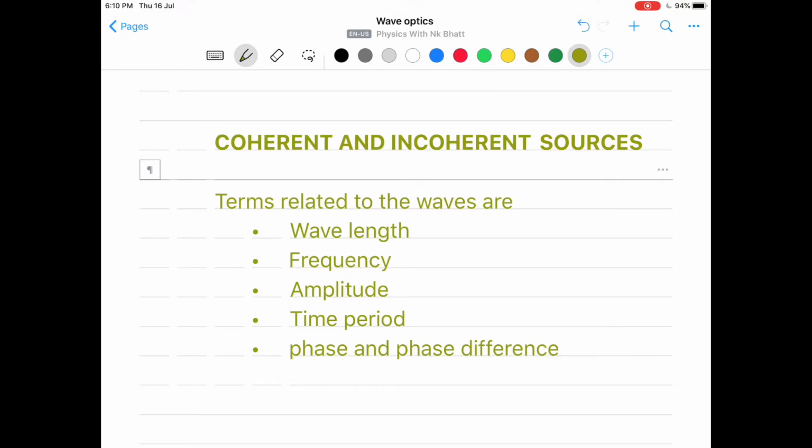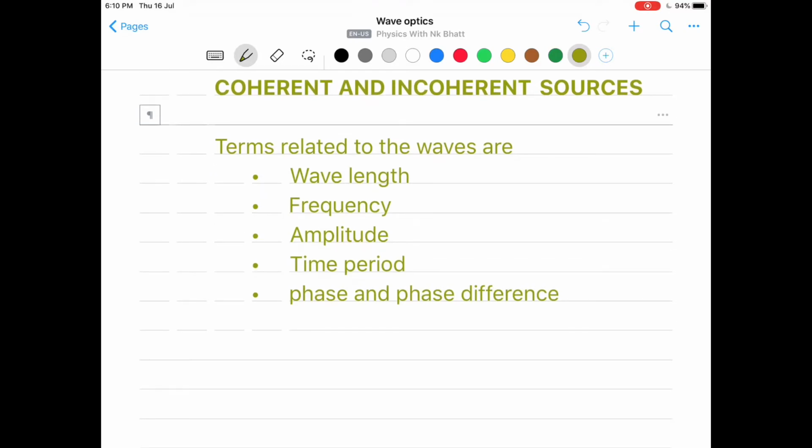So these are the basic terms related to the waves: wavelength, frequency, amplitude, time period, phase, and phase difference.